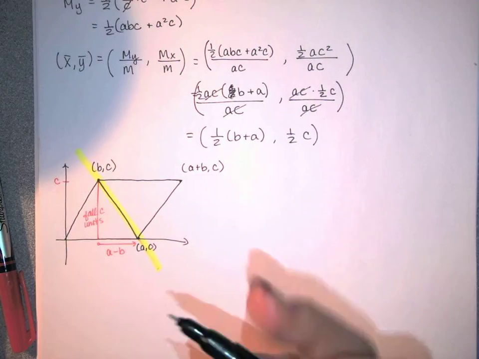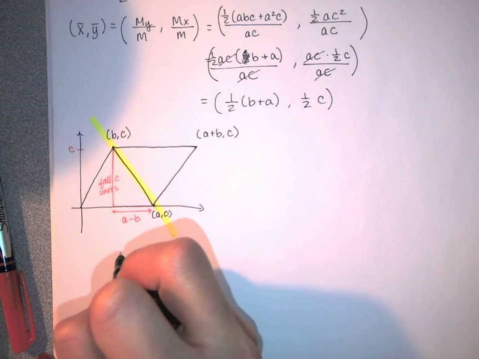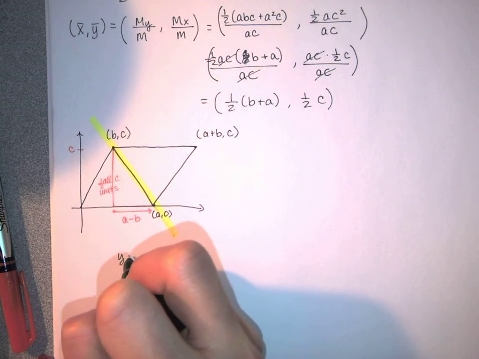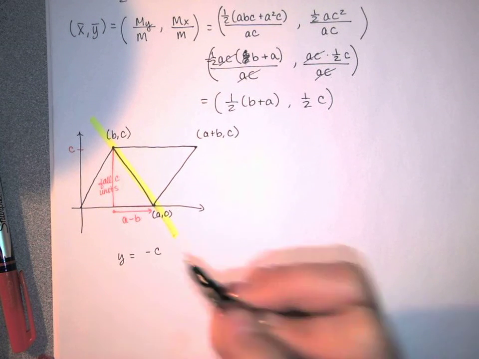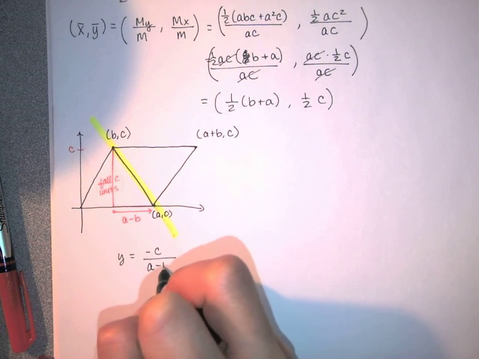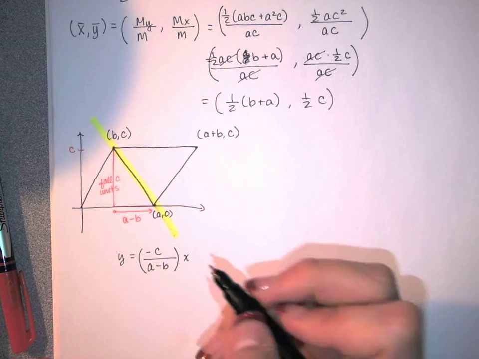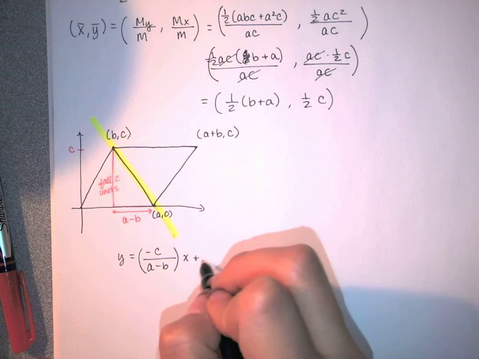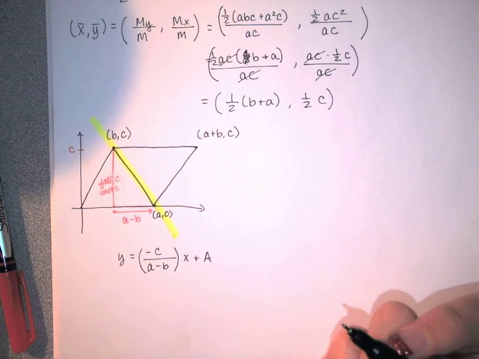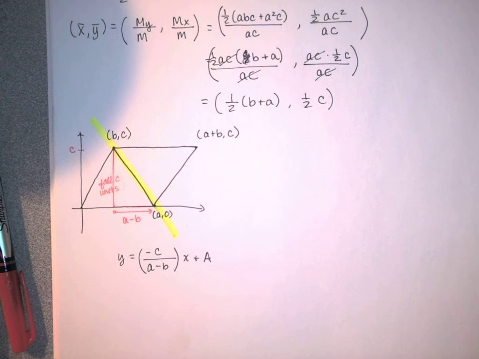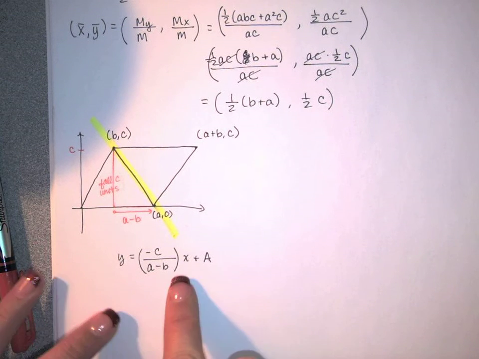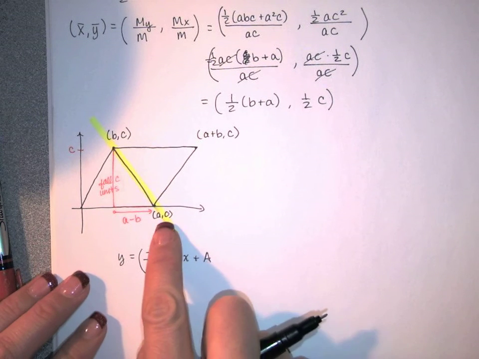So this yellow line has a slope of rise or fall over run, times x, plus a constant. I'm just going to use capital A for right now because we've already used b for something else. To figure out what that is, I'm going to use this point, (a, 0).